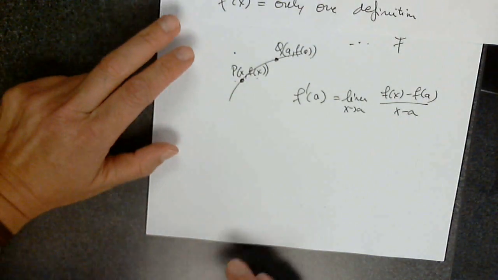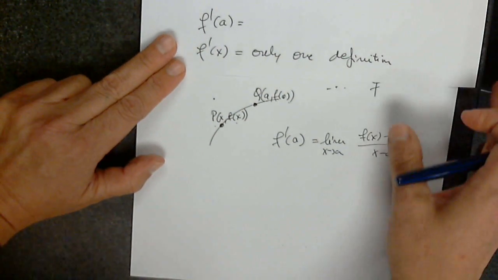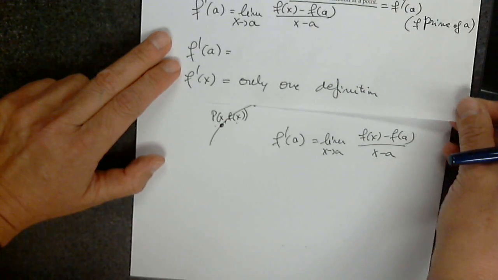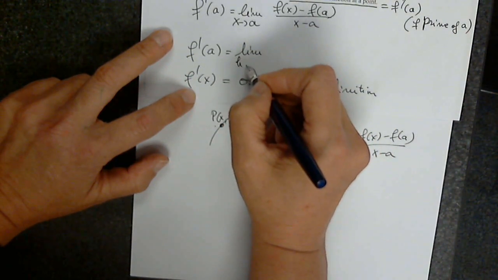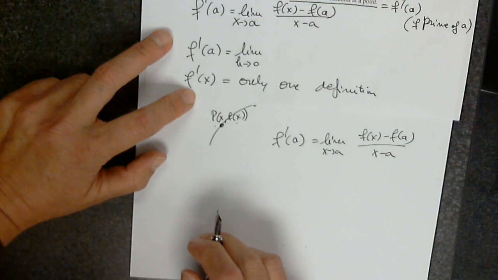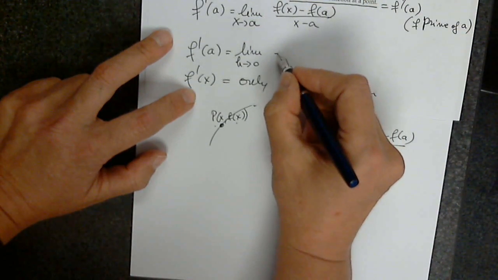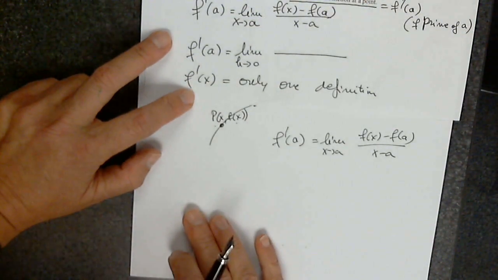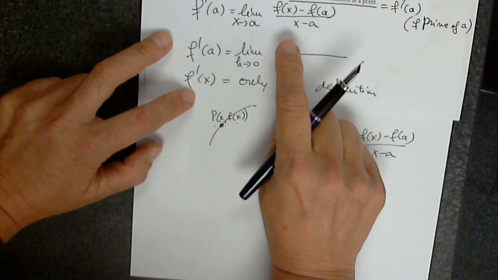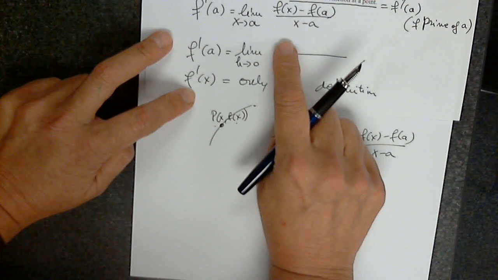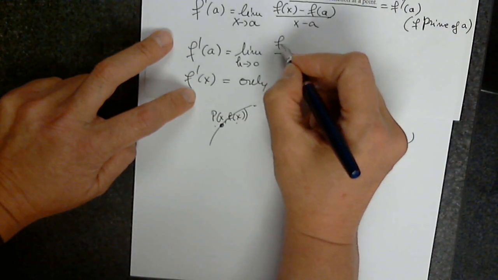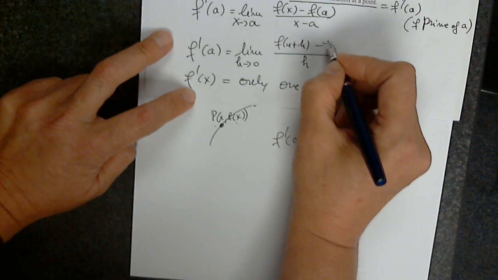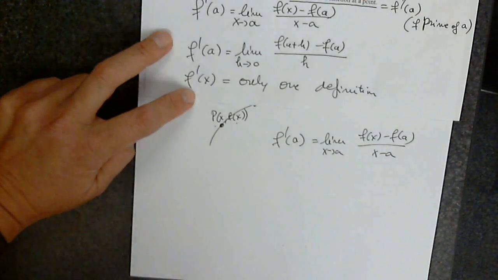So this is one option. The other option is with limit as h approaches 0. Instead of writing f of x plus h minus f of x over h, I will write f of a plus h minus f of a, over h.